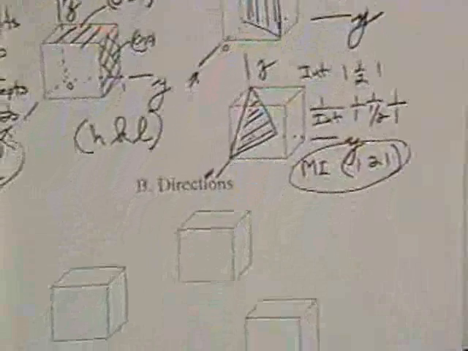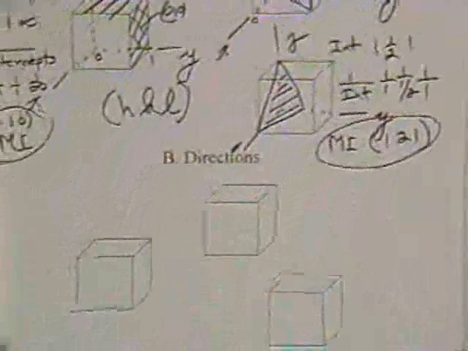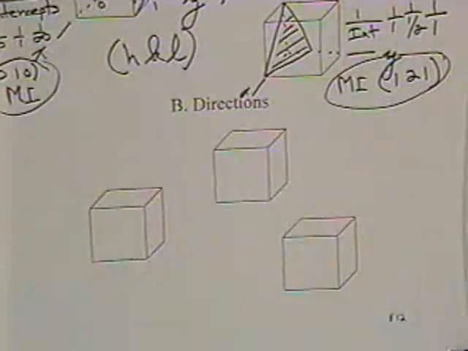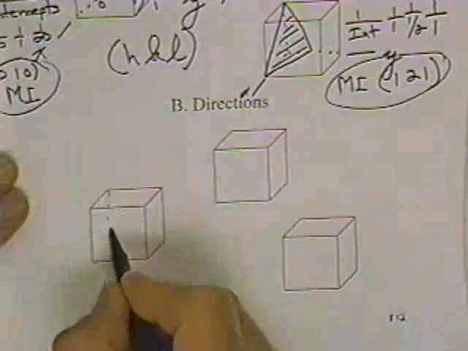Now the directions are really the easiest of them because they're like vectors. You just read head to tail. If you don't have it going through the origin, you subtract head from the tail and you can get the vectors and you read the vectors off directly. But let's try a couple here.